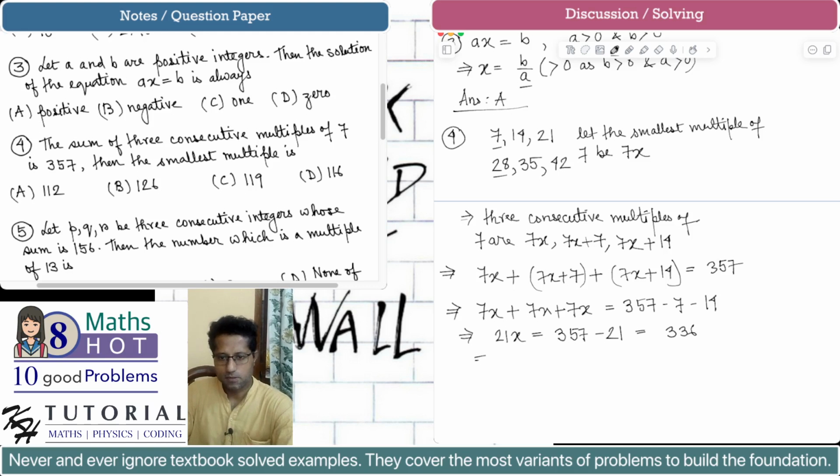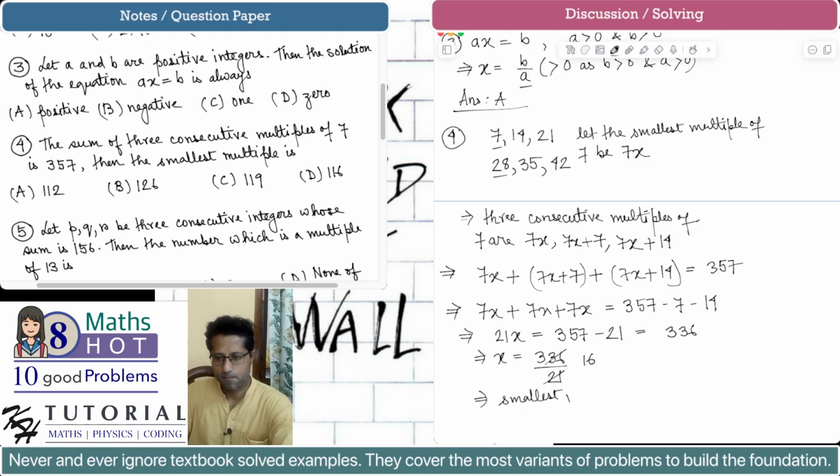So this implies x is equal to 336 divided by 21. I hope it will divide properly. Let's see. So x is 16.